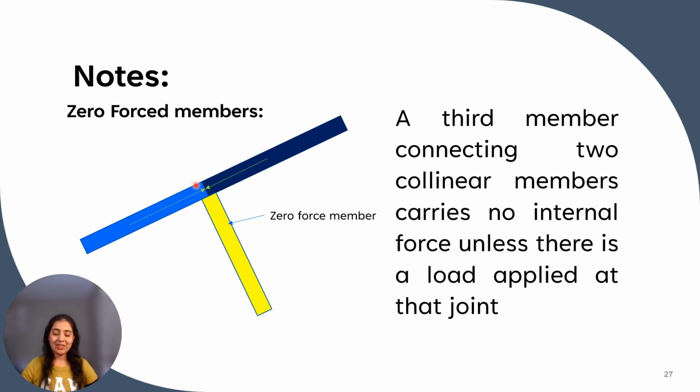Did you get it? These two are the collinear members. If there is no load on this joint, then this third member, which is perpendicular to these two collinear members, is a zero force member. That is, the force in this member is zero.